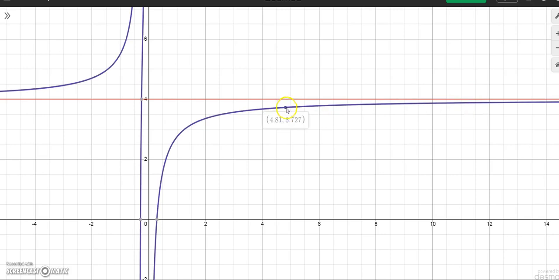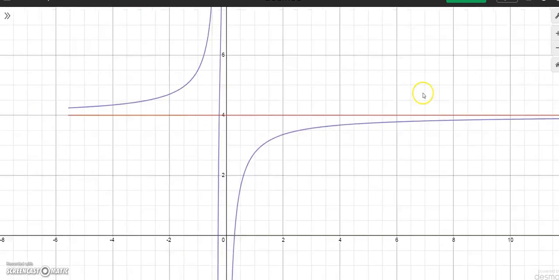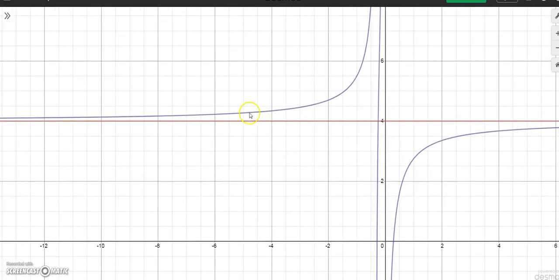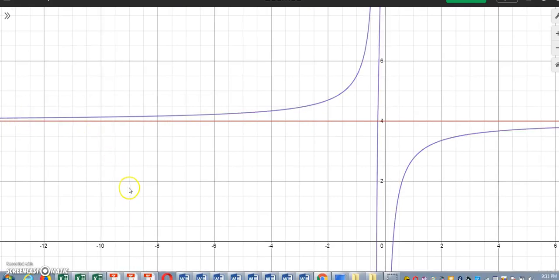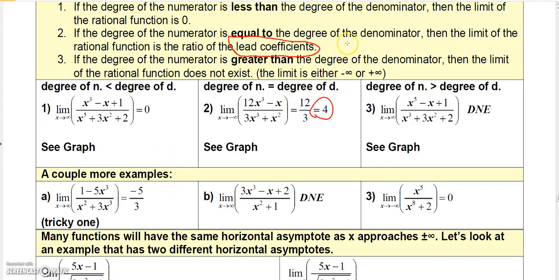So you can see that as x goes to infinity, the graph is approaching that line, and also as x goes to negative infinity, the graph is approaching that line y equals 4. So in this case, y equals 4 would be a horizontal asymptote.